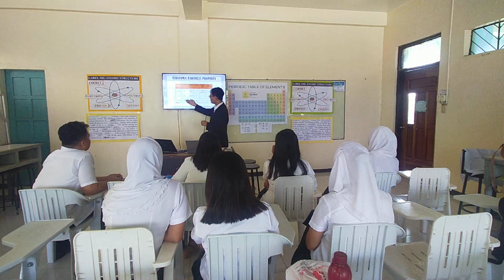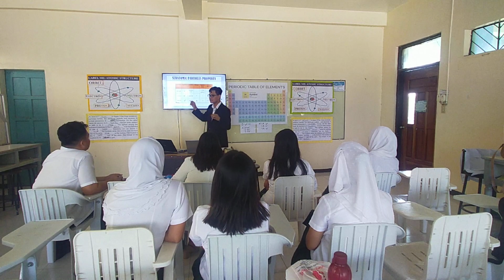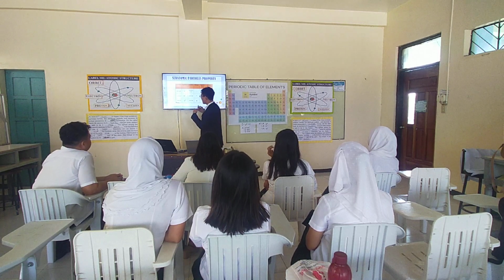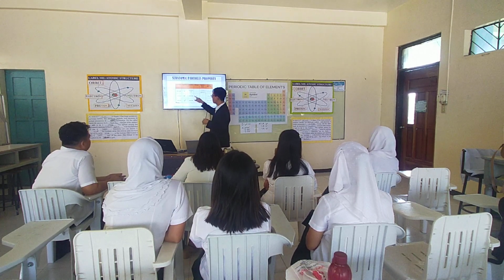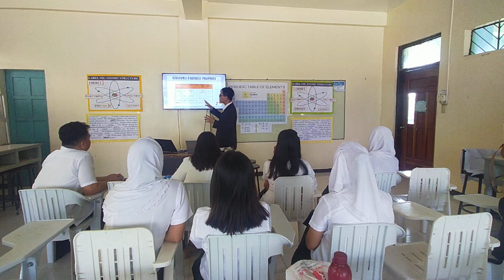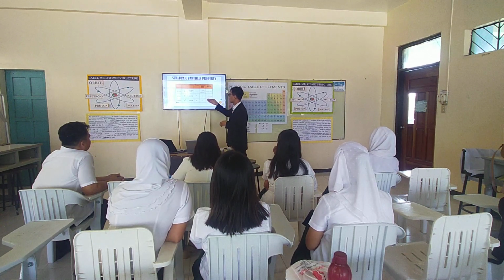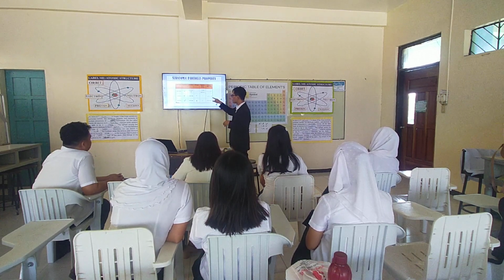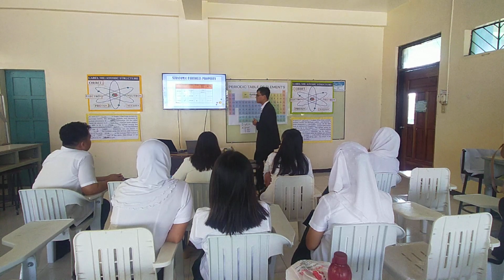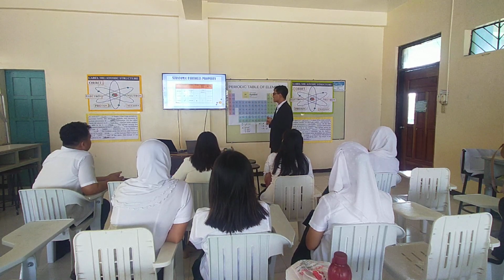And the proton has a symbol of small letter p with a positive sign at its side, and it is always located at the center of an atom, which is the nucleus. It is always a positively charged subatomic particle. It has a relative mass of 1 and an actual mass of 1.67 times 10 to the power of -24.